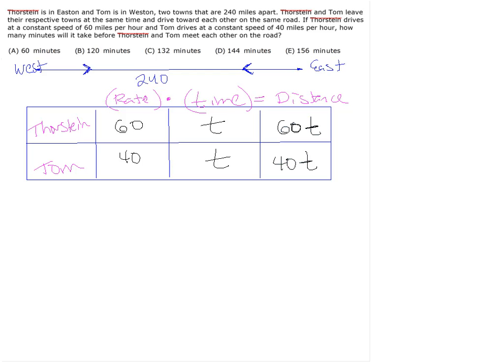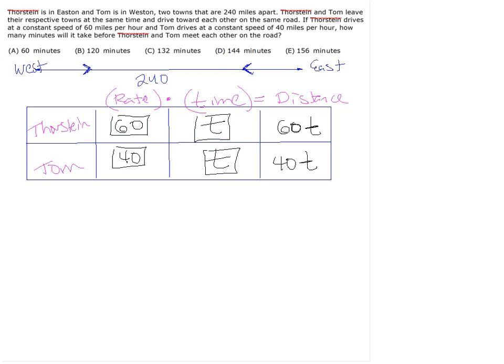The best standard operating procedure is, once you have two boxes in any row filled in, perform the multiplication to get the third box. Once we had 60 and t, we multiplied to get 60t, and once we had 40 and t, we got 40t.